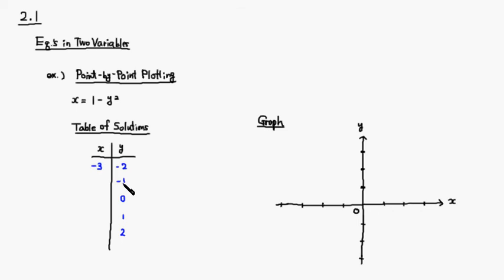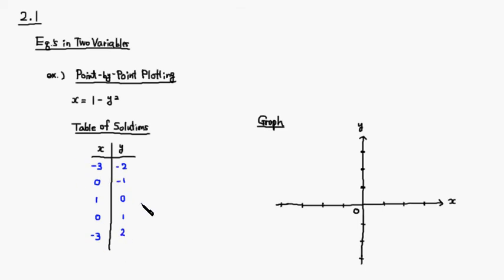When y is -1, 1 minus -1 squared is 1 minus 1, which is 0. When y is 0, 1 minus 0 is 1. When y is 1, 1 minus 1 squared is 0. And when y is 2, 1 minus 2 squared is -3. So we have at least 5 points to plot.